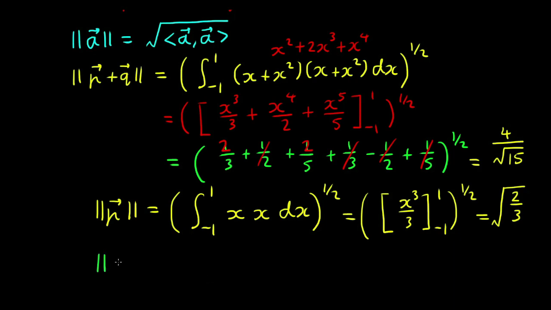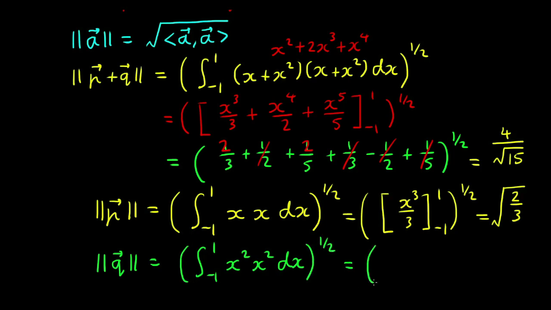And recall our vector q had a component of x squared, so the inner product gives the integral of x squared by x squared with respect to x, and taking the square root gives the norm. So this gives x to the 5 on 5 evaluated at minus 1 and 1.